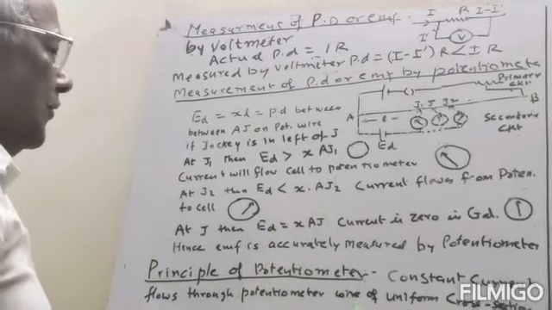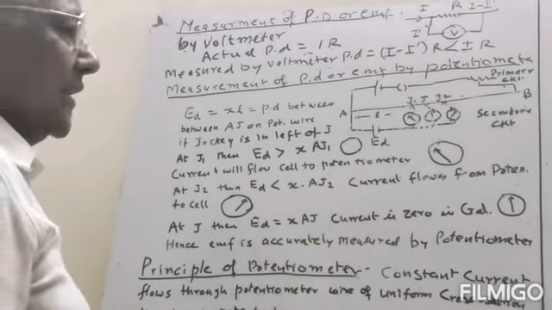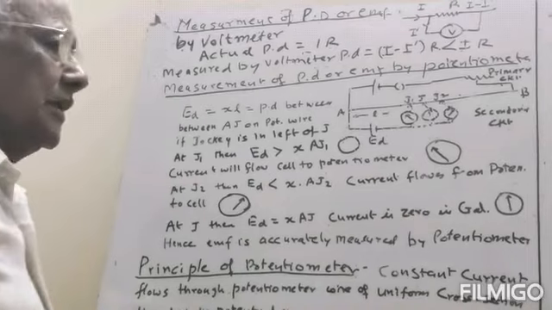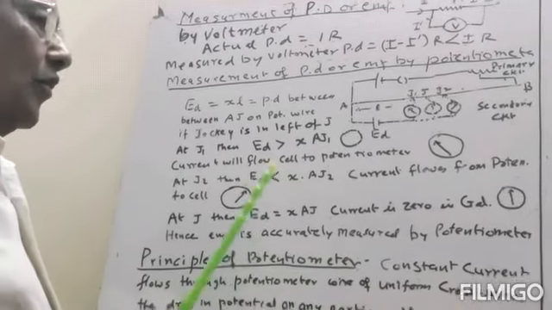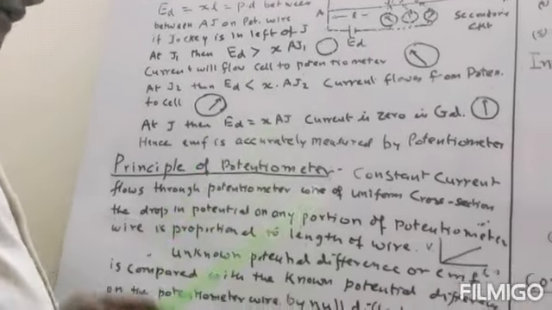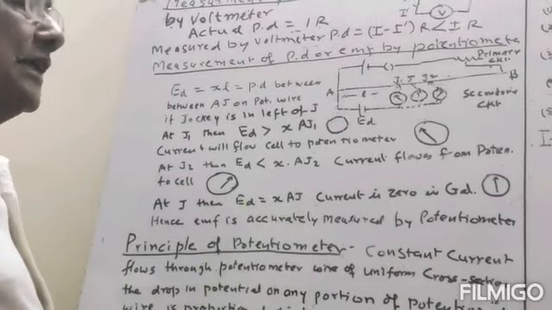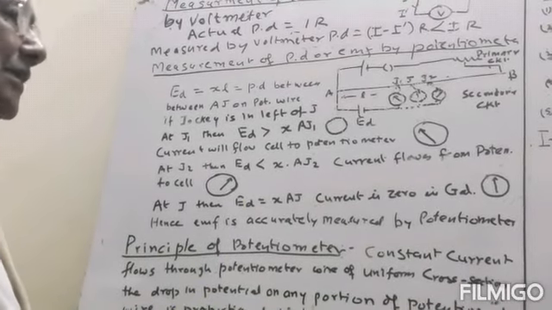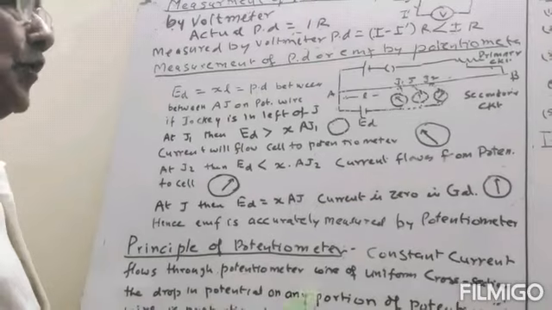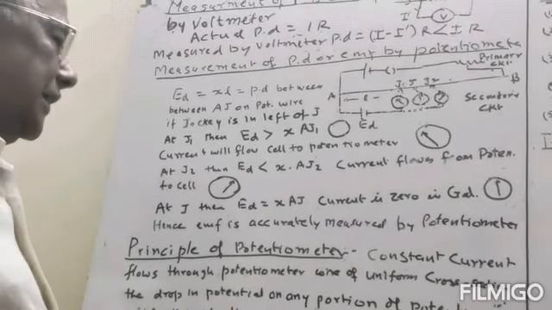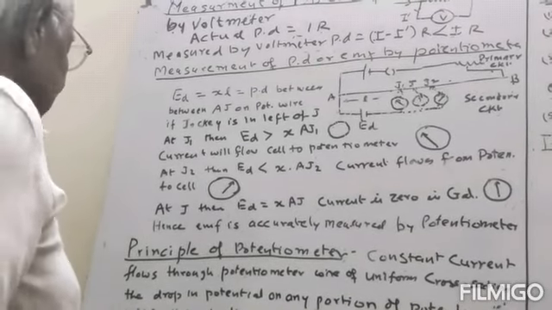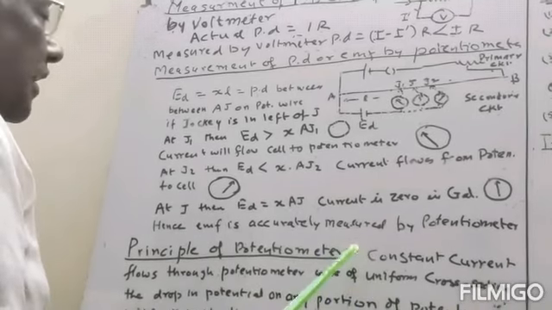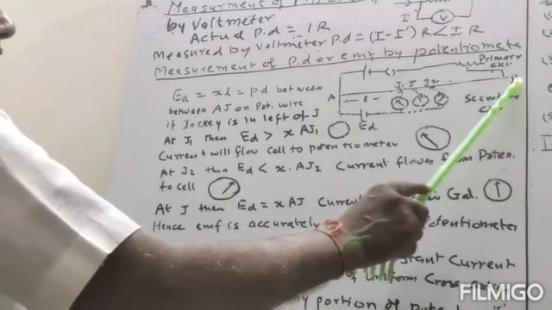Now what is the principle of the potentiometer? As I told you, the potentiometer is an ideal instrument or ideal voltmeter. It is a device which can measure the exact and accurate value of potential difference and EMF. Now we have a potentiometer wire.